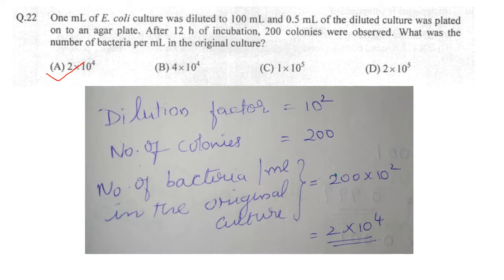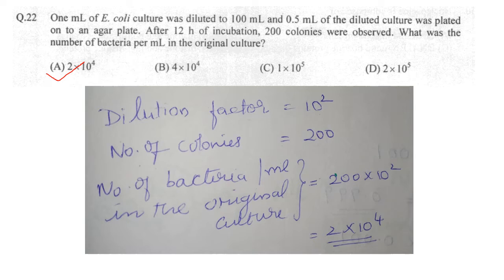Next one. 1 ml of E. coli culture was diluted to 100 ml and 0.5 ml of the diluted culture was plated onto an agar plate.